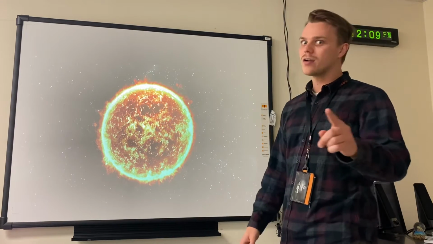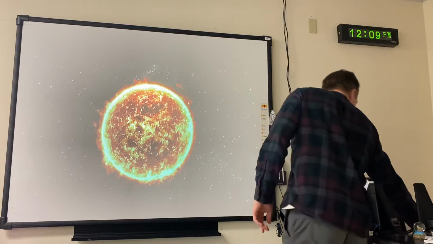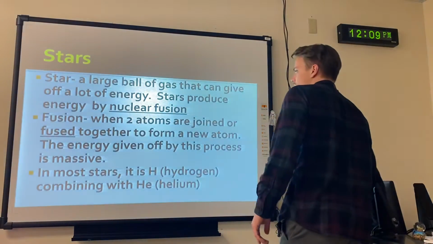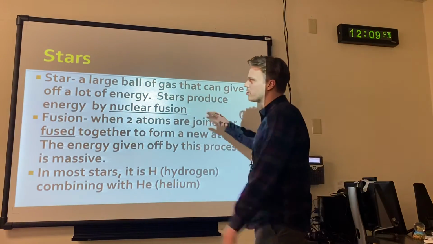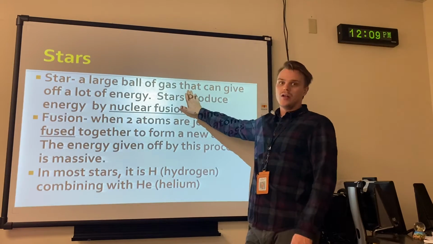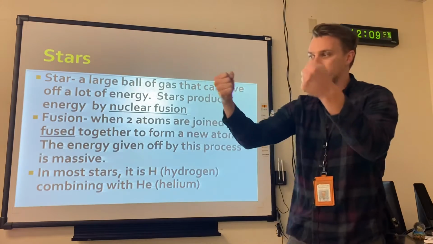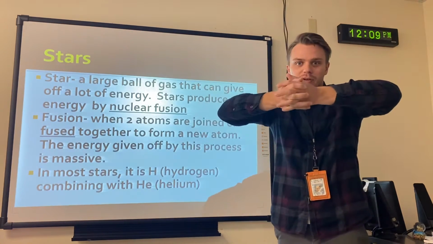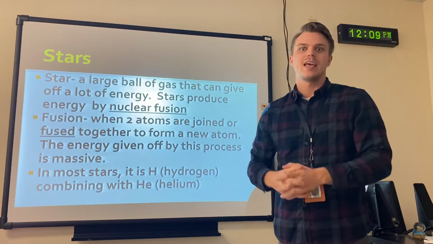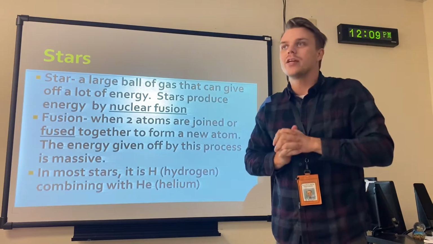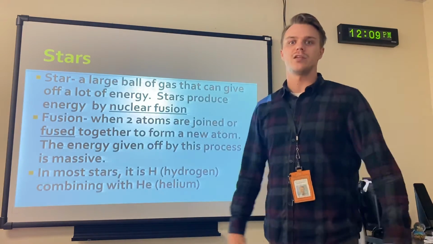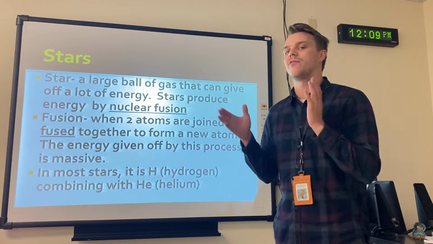But is it fire? No. It's not fire, it's fusion. So, stars are giant balls of gas, mostly hydrogen, and that hydrogen fuses together to create helium. And by fusing, it creates a tremendous amount of energy. So, the sun is not on fire.